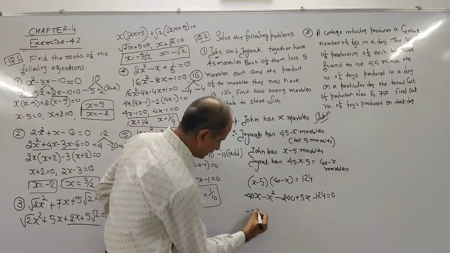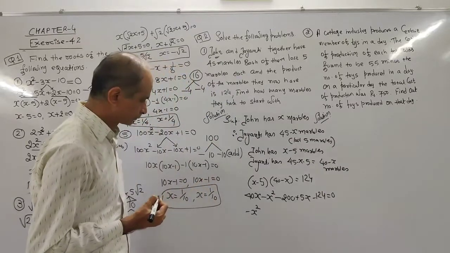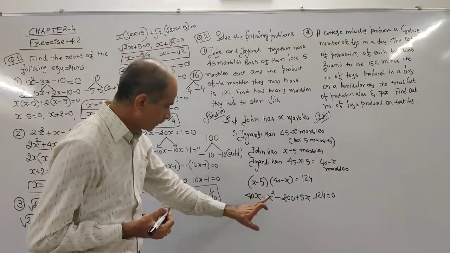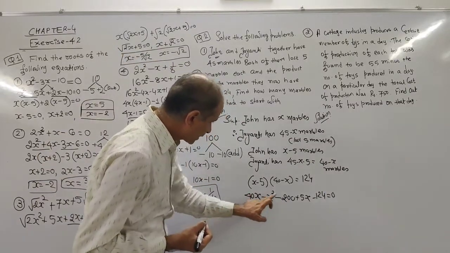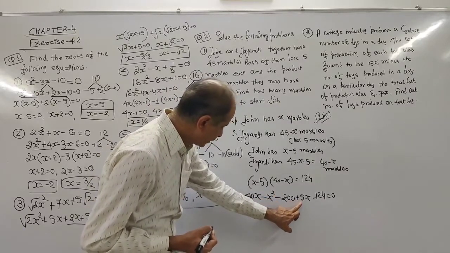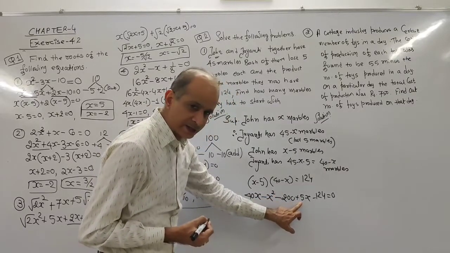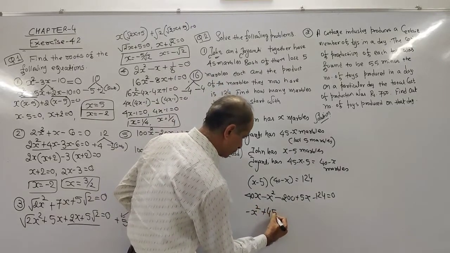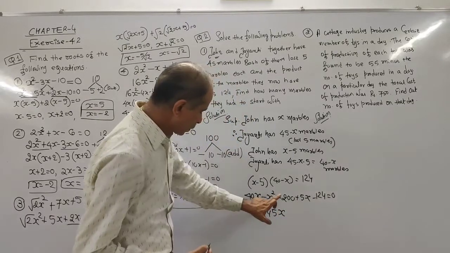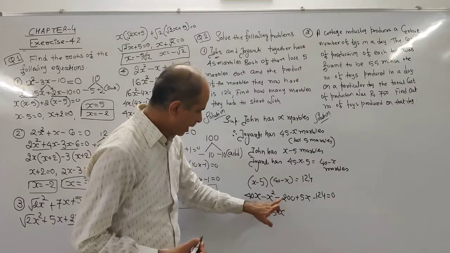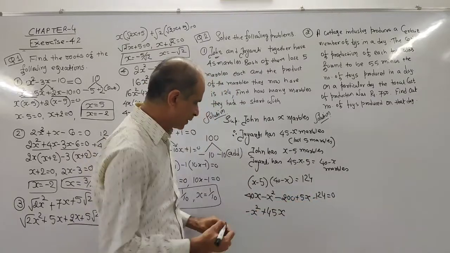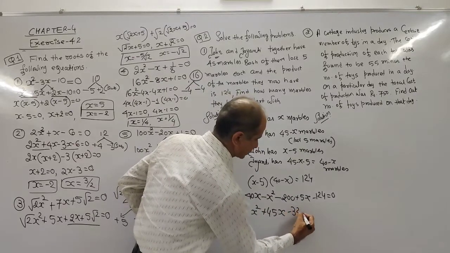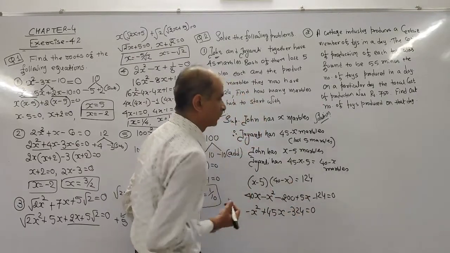So minus x square, 40x plus 5x means 45x, and minus 200 minus 124 is minus 324, is equal to 0.